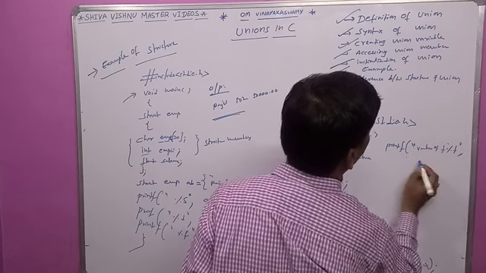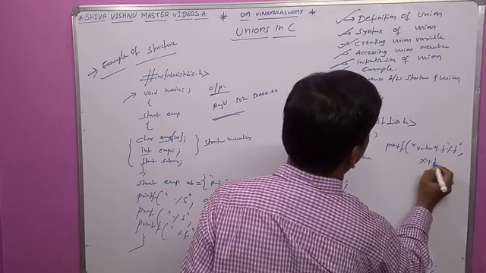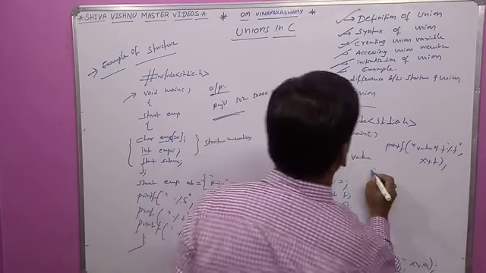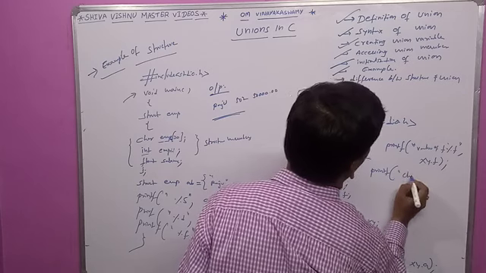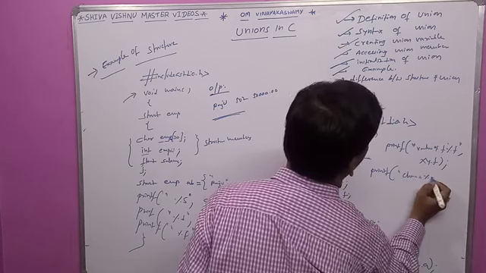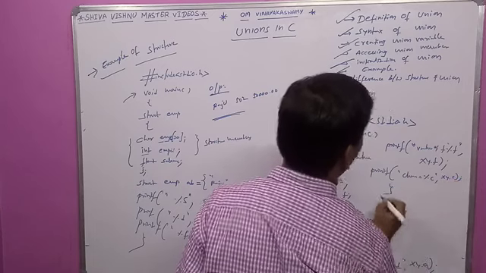Here we have the quotes. Here xy dot f, close semicolon. Is a printf. Here you can see the character, percentage c, xy dot c, close.